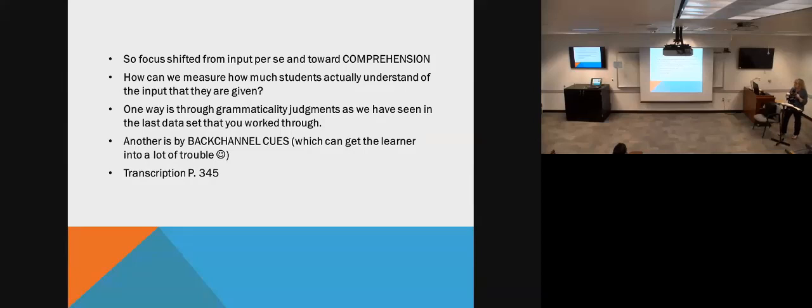A huge way to do that was grammaticality judgments. And that's exactly what you did in your last data set. In that second data set, you were looking at the grammaticality judgments from non-native speakers to try and find out what their system is.